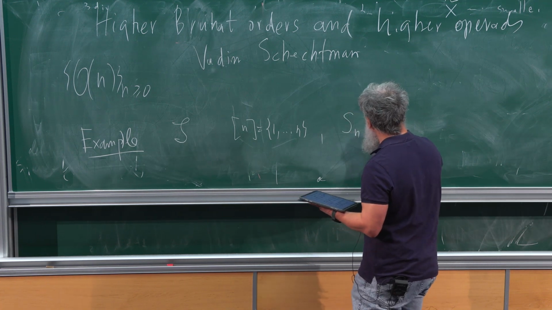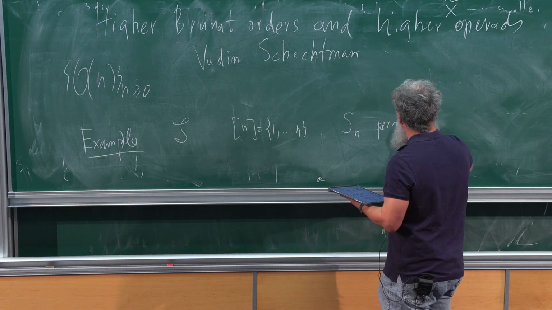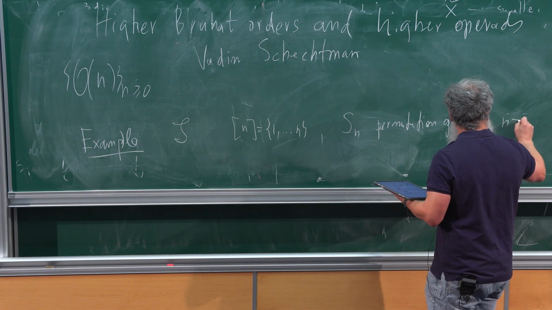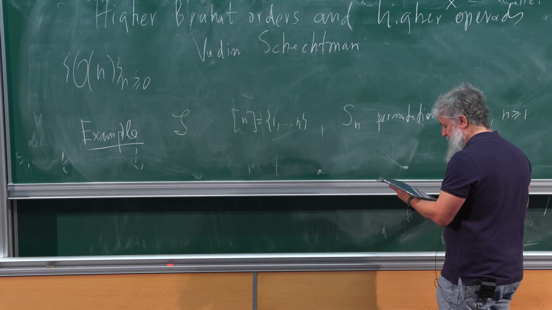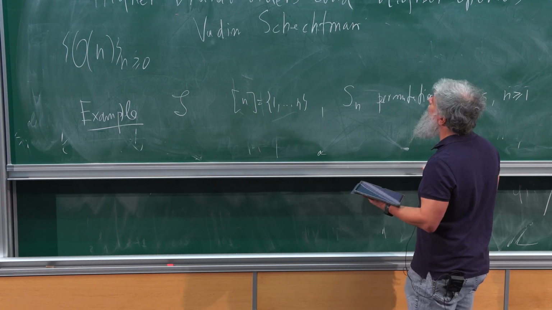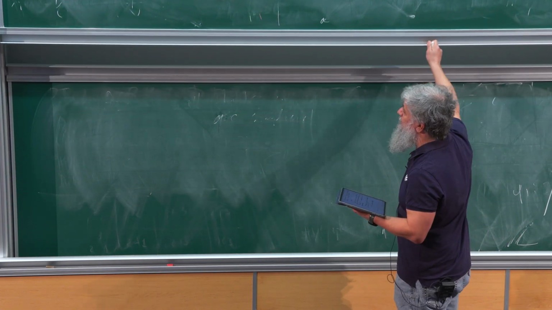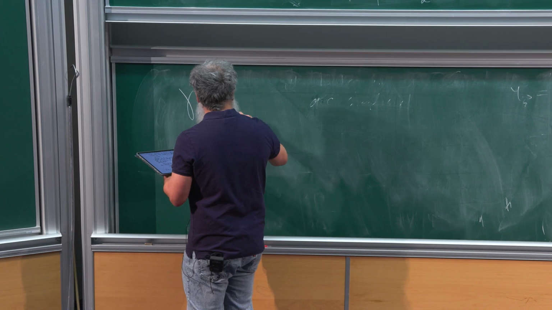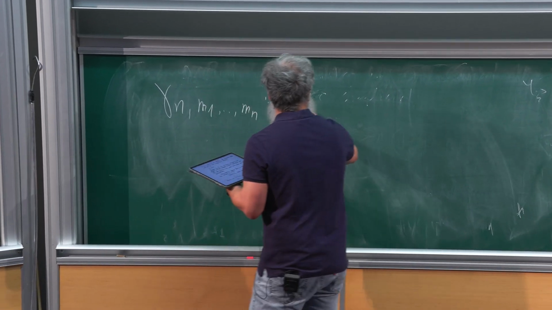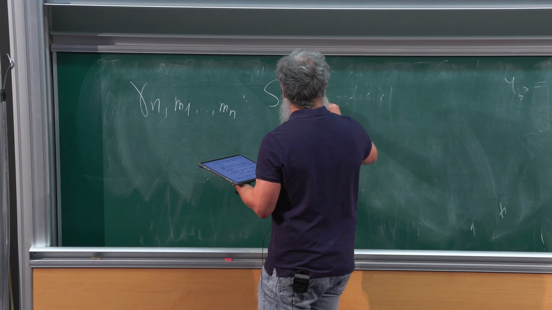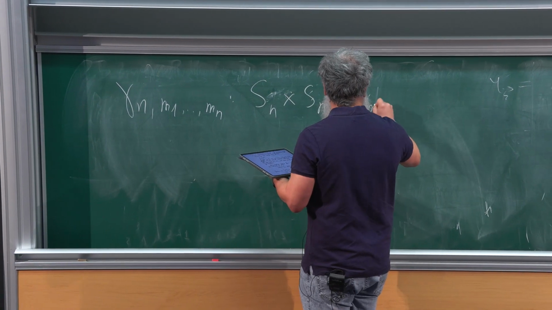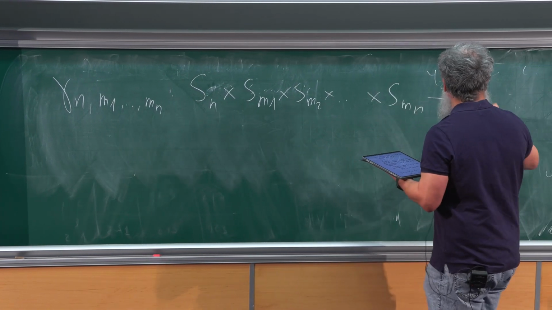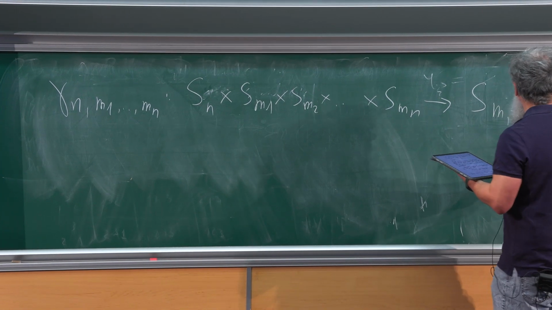Then consider permutation groups S_n, and then the composition map gamma from S_n times S_m1, S_m2, through S_mn to S_{m1 plus through mn}.